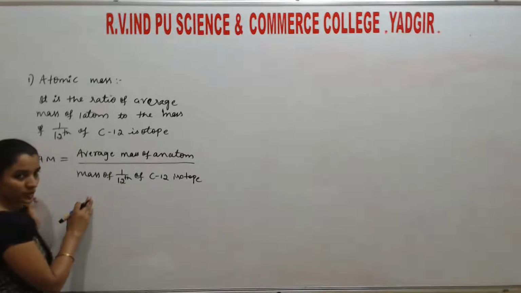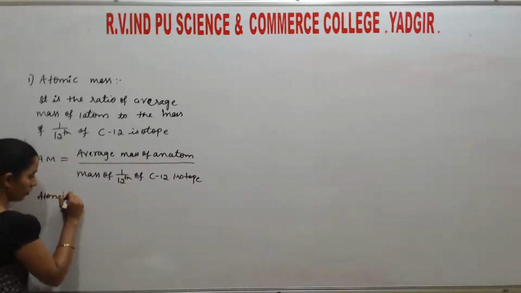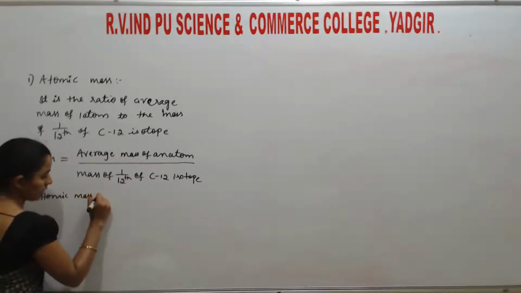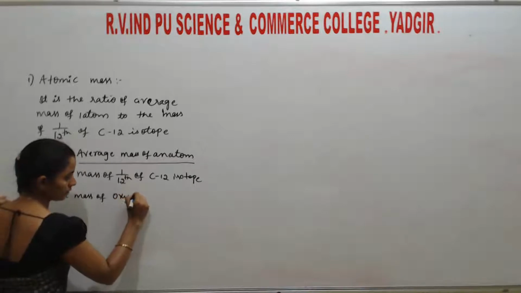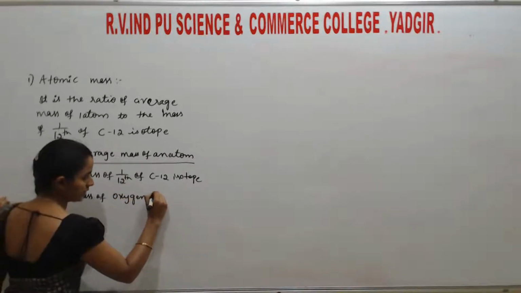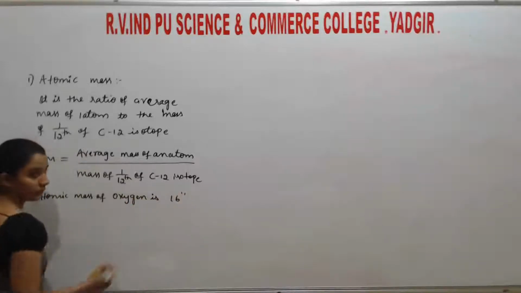So what does this mean, students? If the atomic mass of oxygen is 16, what does it show?